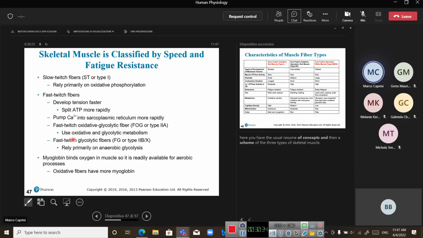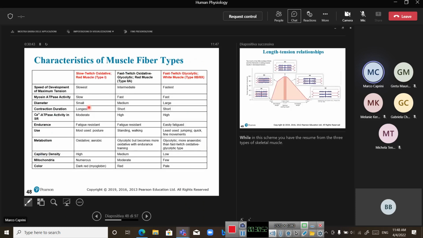So not only one type of fast twitch, but there is another type that has some characteristics that are in the middle between the fast twitch and the slow twitch fibers. And in this slide here, you can see all of these characteristics of skeletal muscle fiber types, and it's something like a schedule resume of all the things that we are discussing until now.